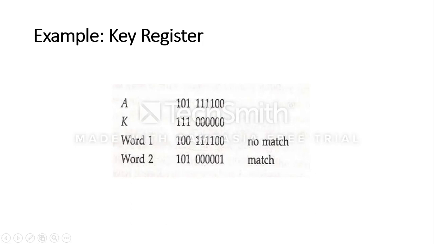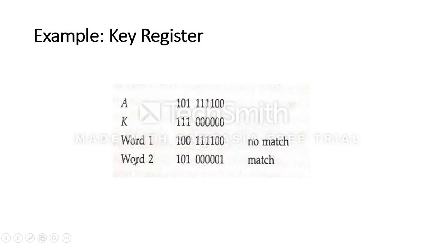Now it will simply compare only the last 3 bits. It should be 101 because that is the value available in the argument register. Now what value do we have in word 1? 100. That means the 3 bits are not matching. 101 is not equal to 100. So there is no match.